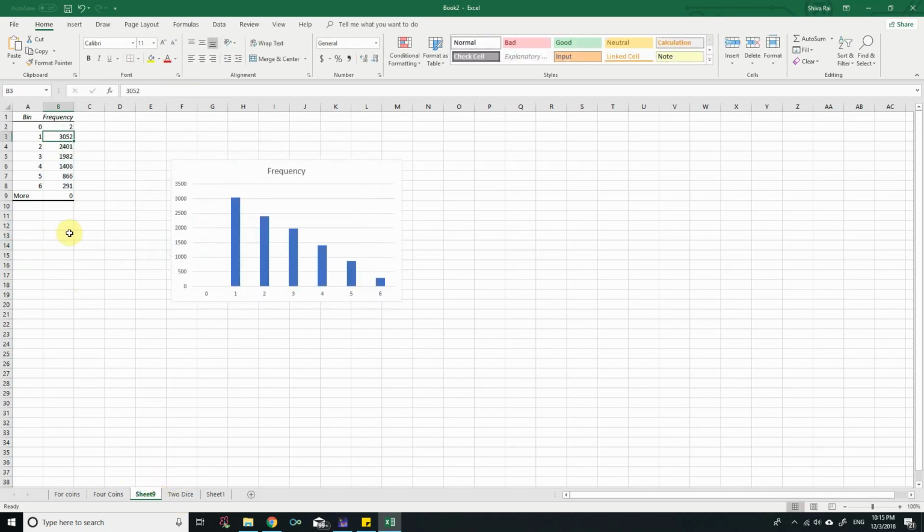And for 2 dice, 3 or higher means up to this one, so the sum divided by 10,000, yeah, so 4545, so higher probability for B.